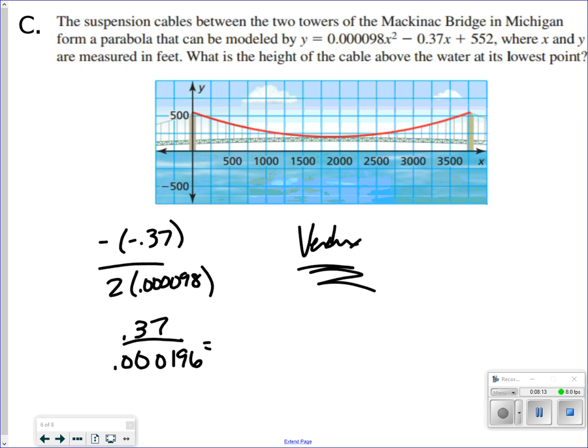And so 0.37 divided by 0.00196 equals 188.7. And I'm going to round to 2 decimal places. So that's the x value of the vertex.